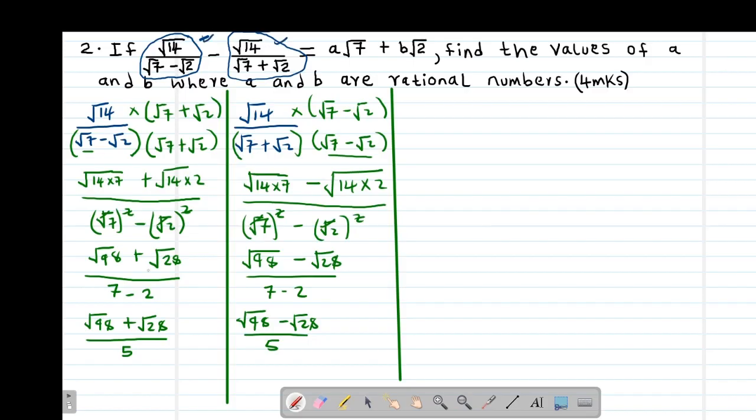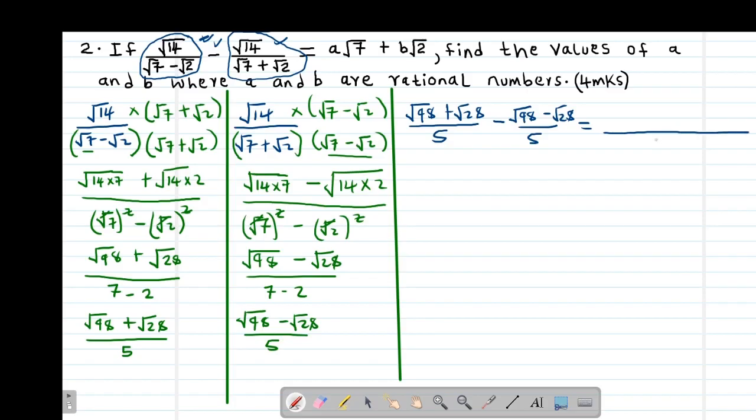The first part I've gotten as the root of 98 plus the root of 28, the whole thing divided by 5. Then it was minus the second part. I've gotten the answer as root 98 minus root 28, then divided by 5. So at this point we can find our LCM.